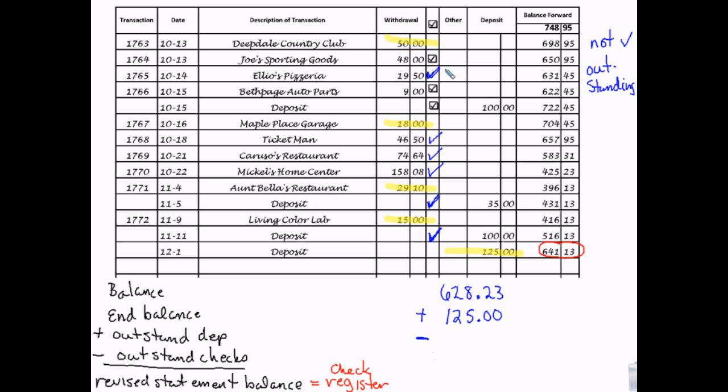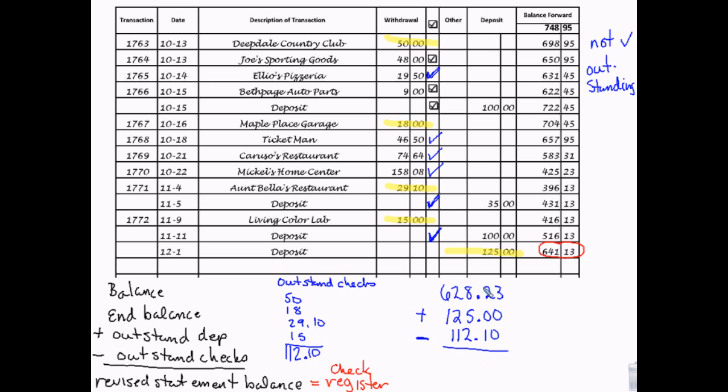So I have 1, 2, 3, 4 of those. So I need to add those together. So I have a 50, an 18, a 29, 10, and a 15. Okay, so that's 112.10.